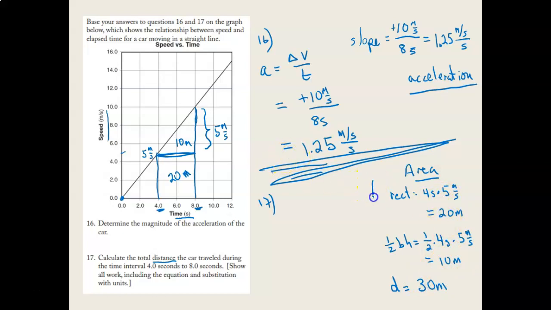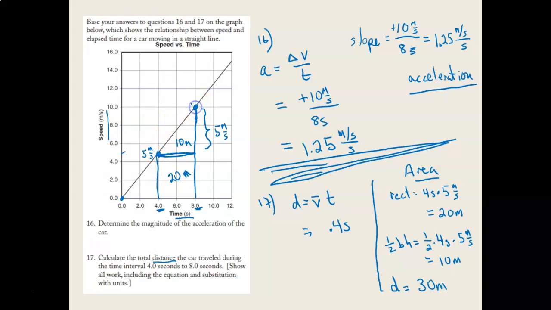That's the area method. The other method is distance equals average velocity times time. All right. So from 4 seconds to 8 seconds, what's our time? Our time is 4 seconds. Okay, what's our average velocity? Well, in this time period, we were traveling at 5 meters per second at the beginning of this time period.